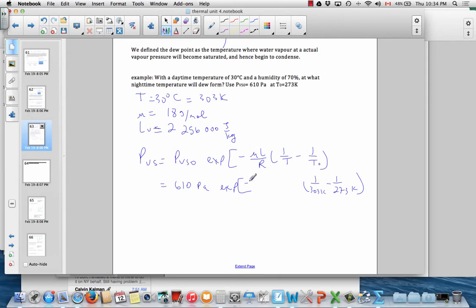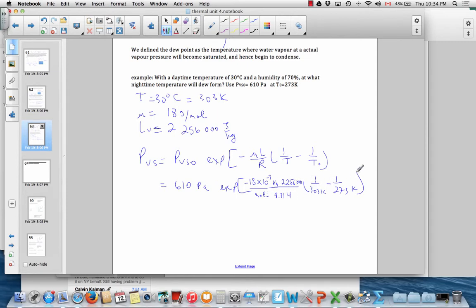And we put in, I'm going to run out of room for the units probably. Definitely won't have room for the R units, and not even for the L units probably. 2,256,000, that's joules per kilogram, and then R is 8.314 joules per mole Kelvin.